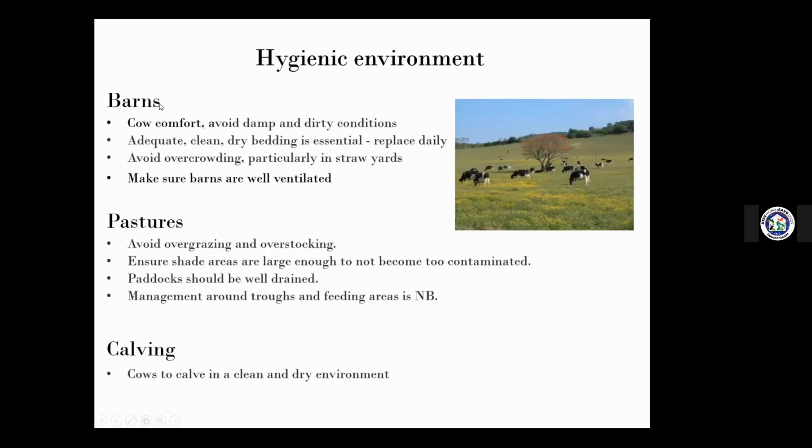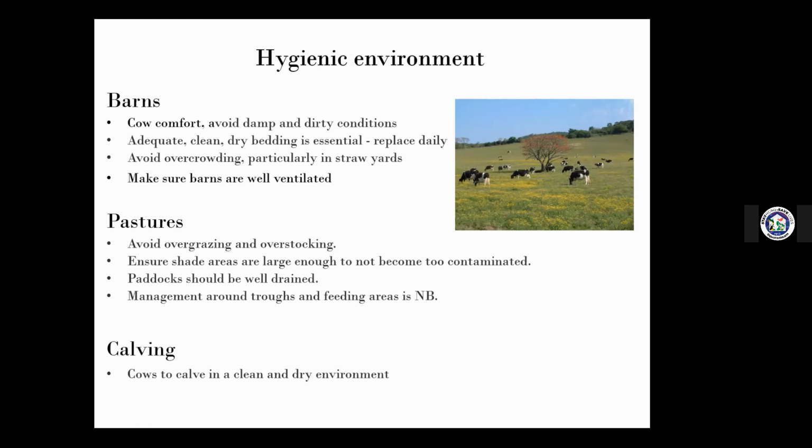We need to look at the barns when the animals are dry, avoid overcrowding. Make sure the ventilation is good. If we look at pasture, the same story: overgrazing, overstocking.